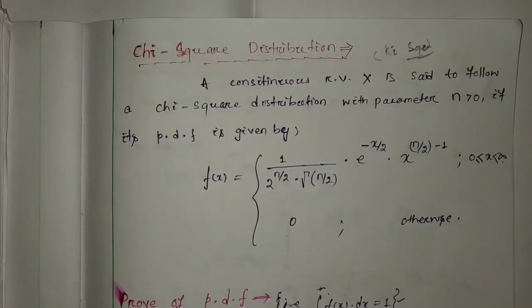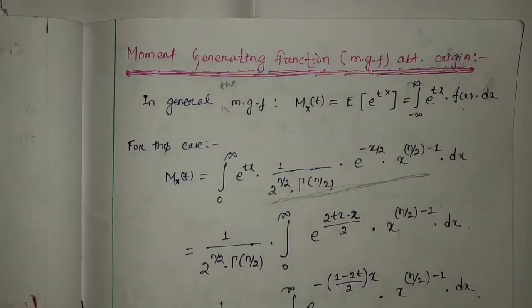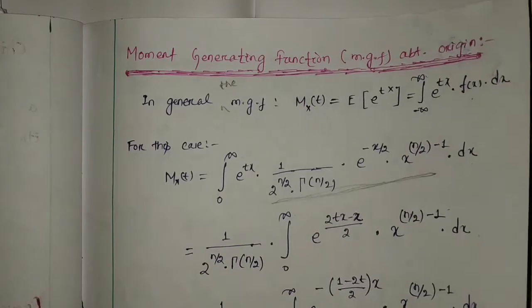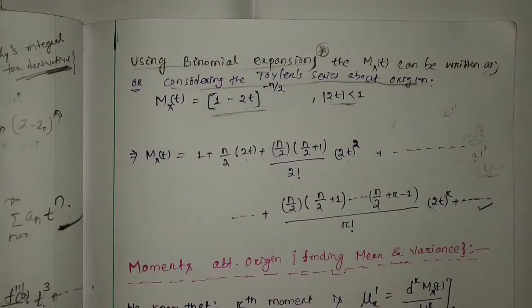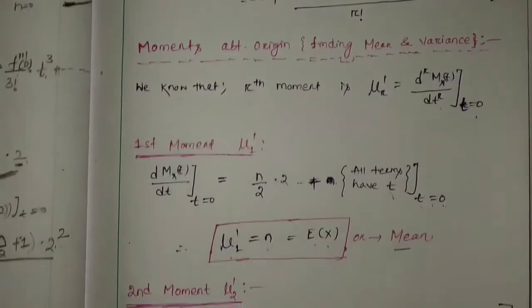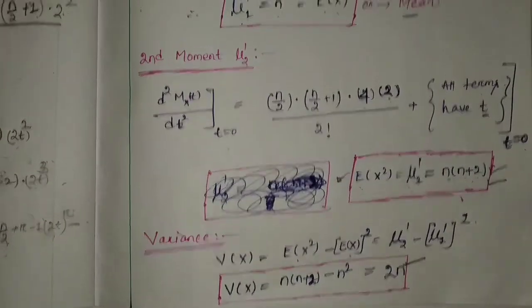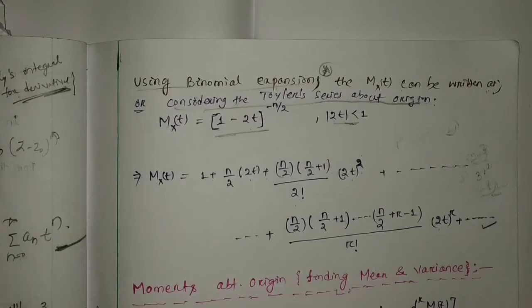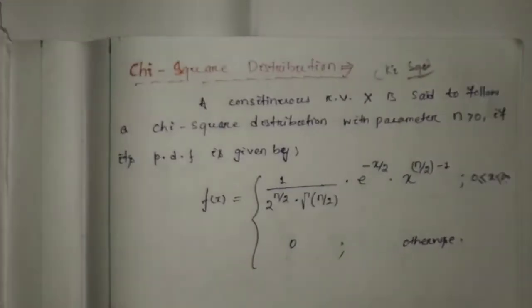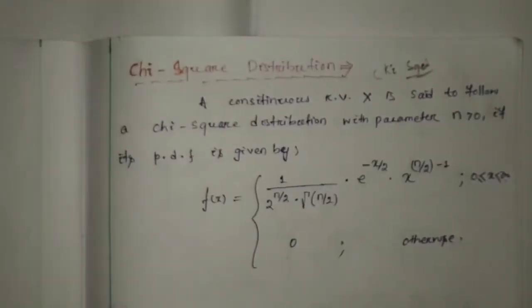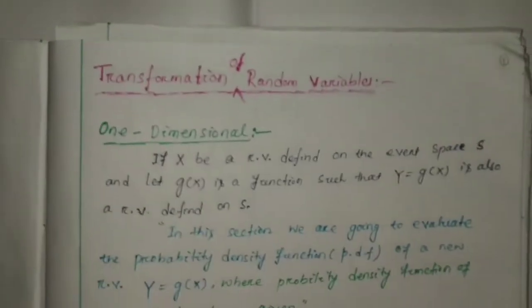We discussed the moment generating function about the origin, and with the help of the moment generating function we evaluated the first and second moments and variance. So in this class we are going to discuss transformation of random variables.